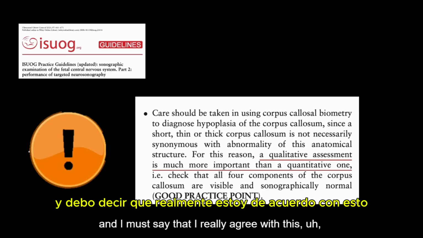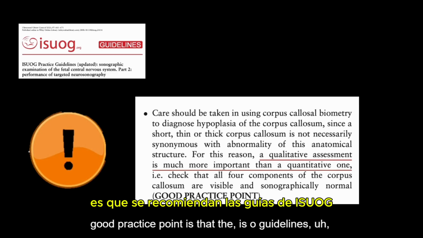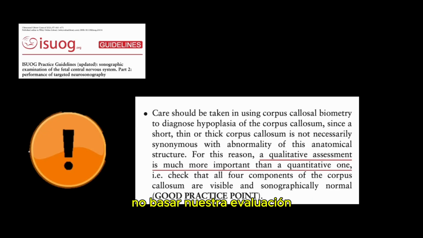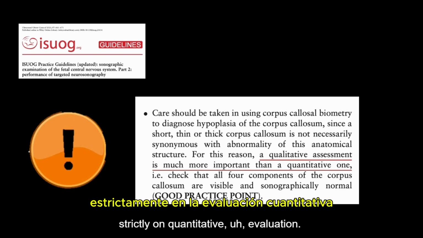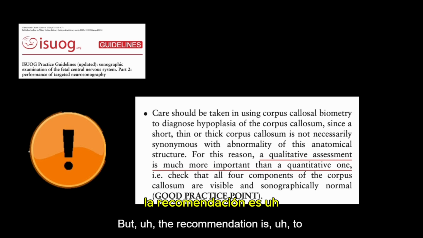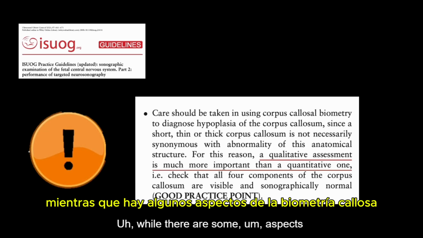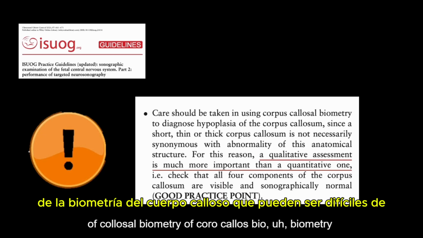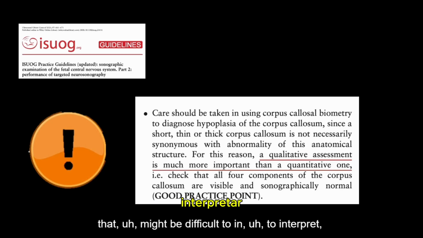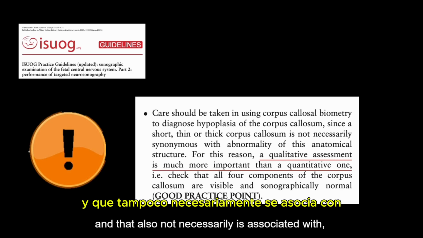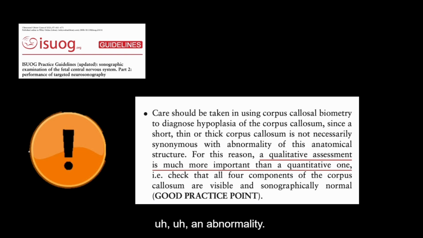For this reason, and I must say I really agree with this good practice point, the ISUOG guidelines recommend not basing our evaluation strictly on quantitative evaluation, but rather assessing on a qualitative basis, while there are some aspects of callosal biometry, of corpus callosum biometry, that might be difficult to interpret and that are not necessarily associated with an abnormality.